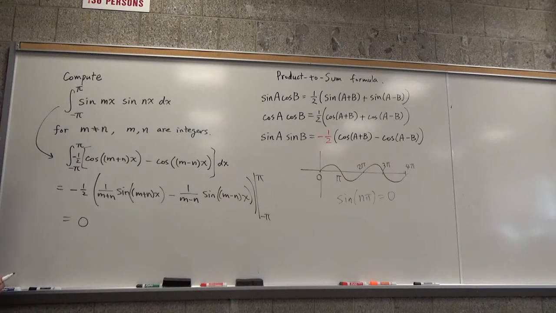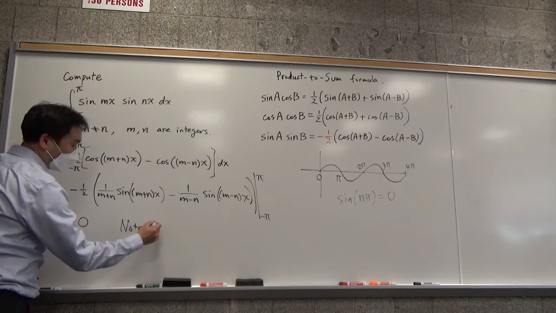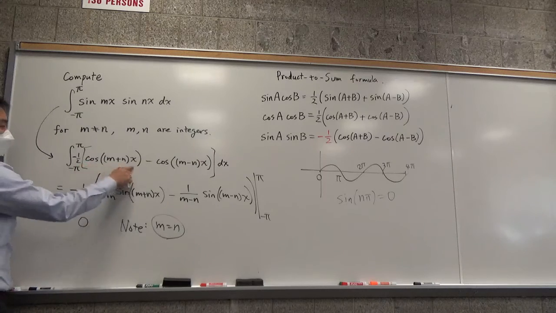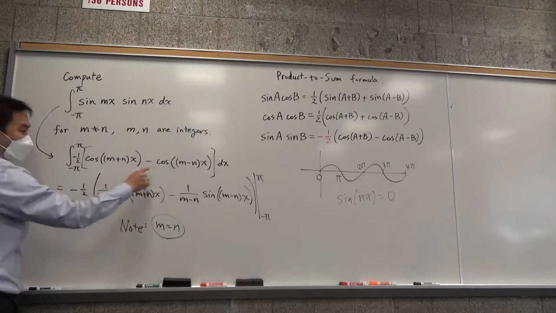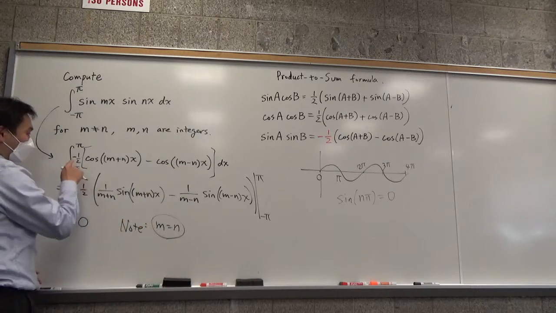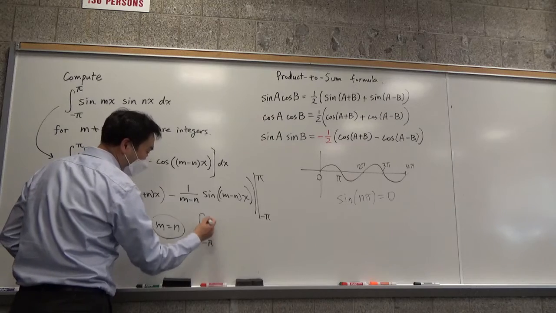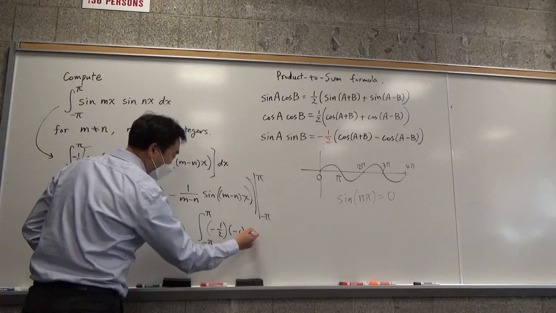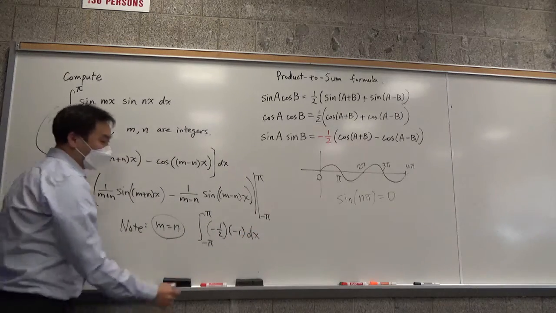So for that case, note, if m and n are equal, then this side, I know it's going to be giving me 0, but this won't be giving me 0 anymore because that's just integrating 1. So it's negative 1/2 times negative 1. So you're going to get the integral from negative pi to pi of negative 1/2 times negative 1 dx. And that's just 1/2 x.